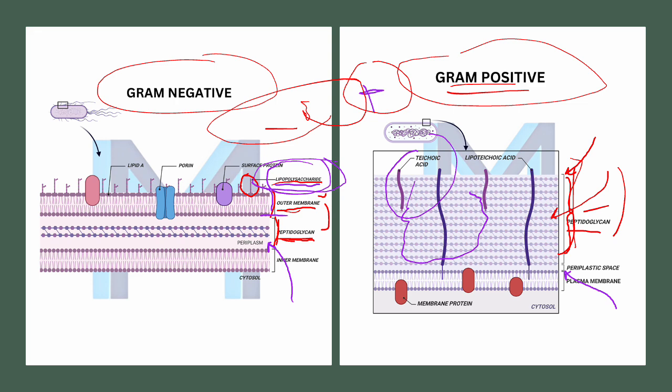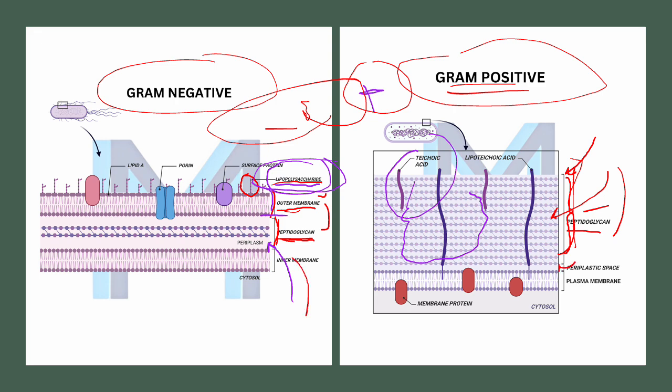And in gram-positive, it's very narrow or even absent. There is only a small space between the plasma membrane and the thick peptidoglycan layer, as you can see illustrated here. This space is very, very small.